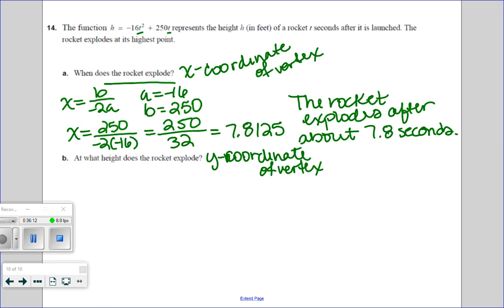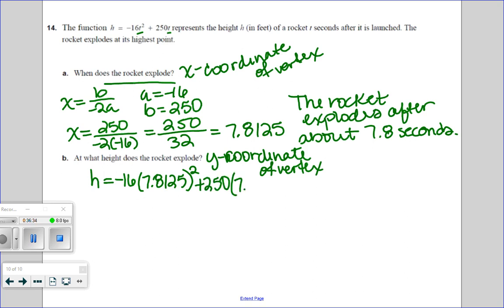To do that, all we have to do is take our original function, h, and solve it for when our time is at 7.8 seconds. So if we insert 7.8125, because I like to be exact, I'd rather not use the rounded version if I can help it.